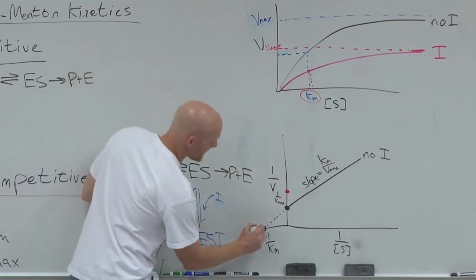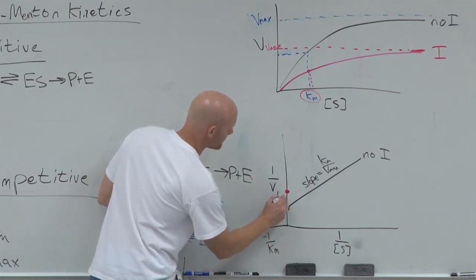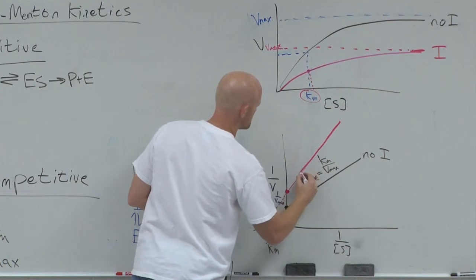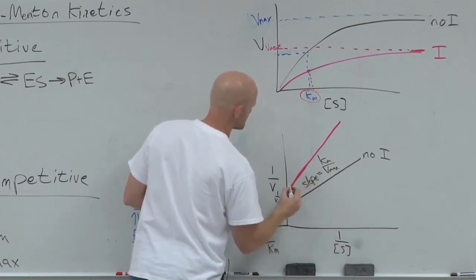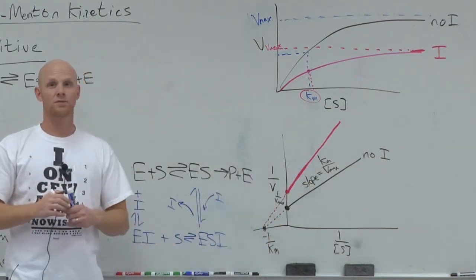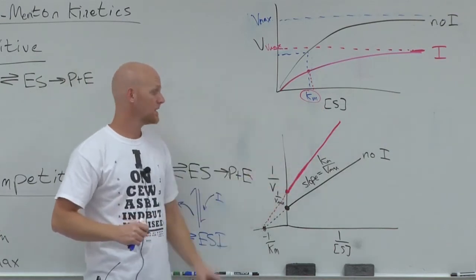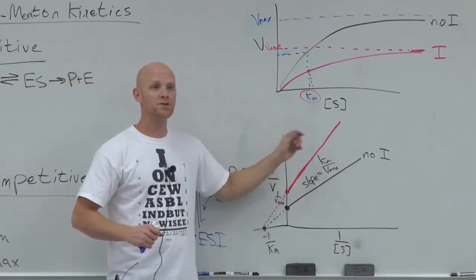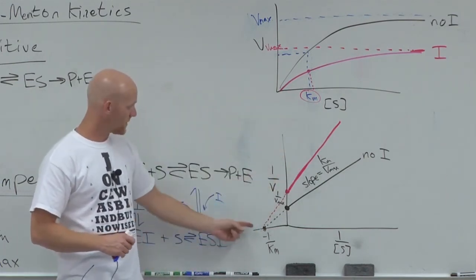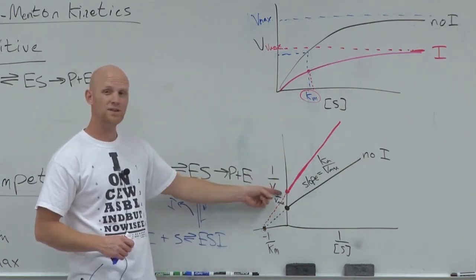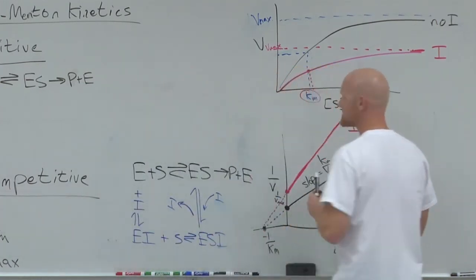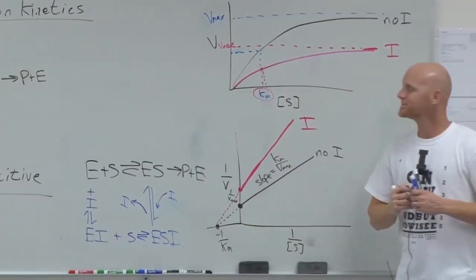So if we extrapolate that back, now notice my slope is steeper, because with a smaller Vmax, it's in the denominator of my slope. Smaller Vmax would mean larger slope, so it's steeper. Still goes through the same x-intercept, but different y-intercept. And again, this is your non-competitive inhibitor.